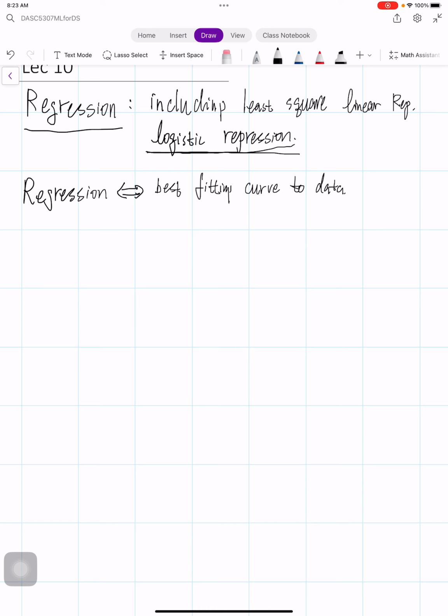Well, for the classification, the problem is given a data point x, we want to predict a class.